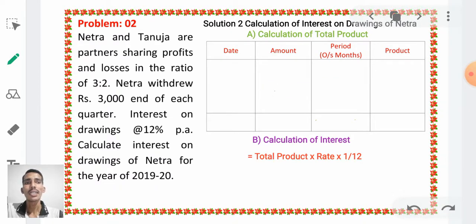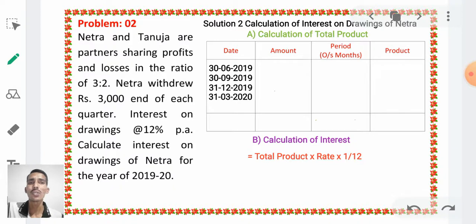See here in this format how to take the entries. Dates: we know that the end of each quarter means the first date is 30/6, the second is 30/9, the third is 31/12, and the fourth is 31/3/2020, so each 3 month gap is there, ending of each quarter.